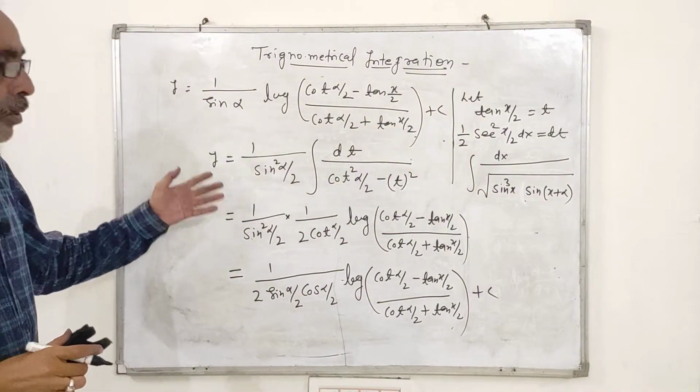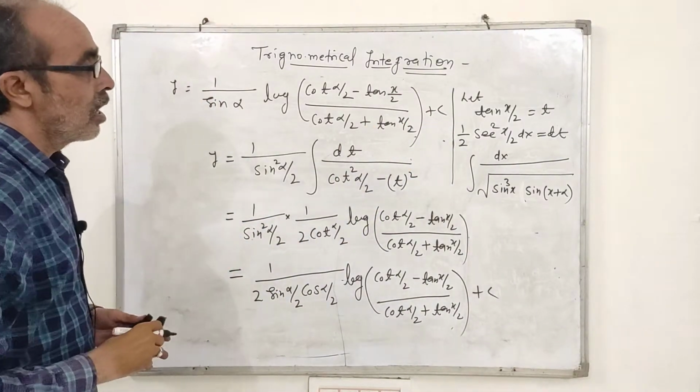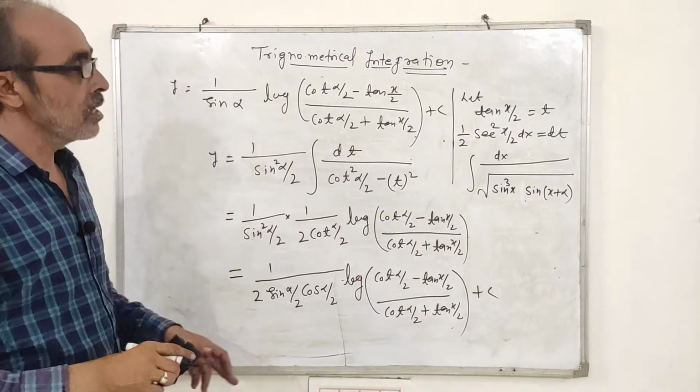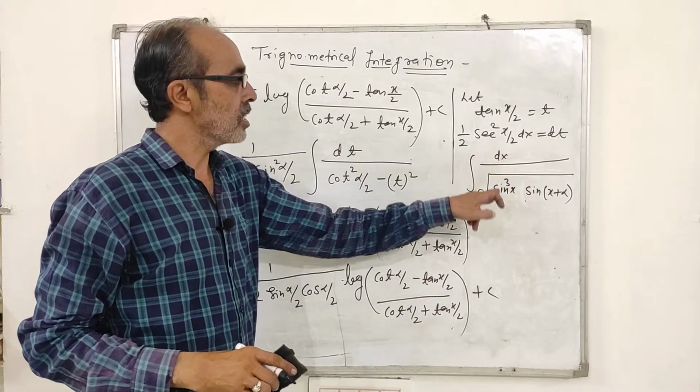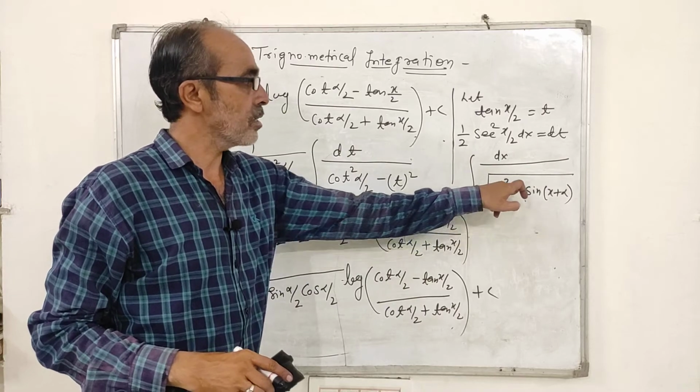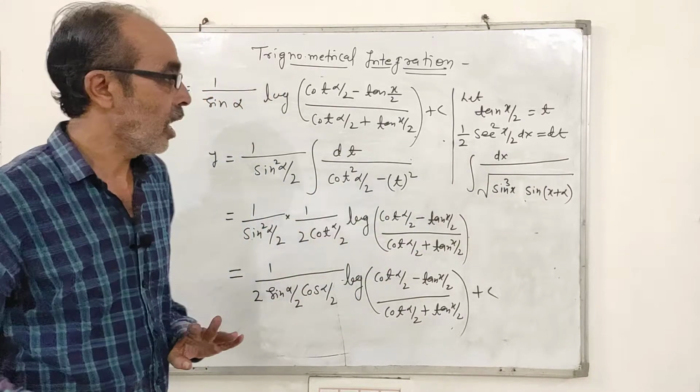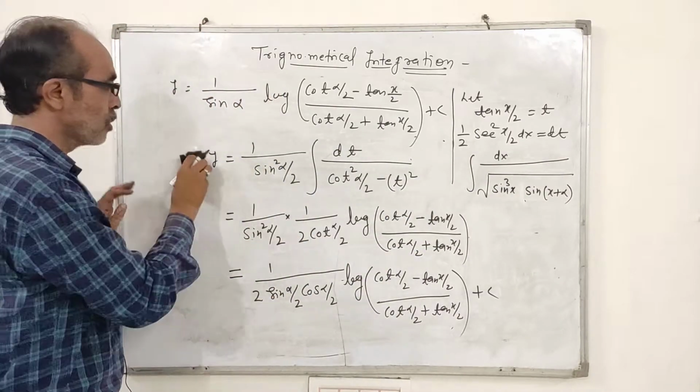So this is a very important question, and question number 2 is the integral of dx divided by root of sin cube x sin of (x plus alpha). So we solve question number 2.